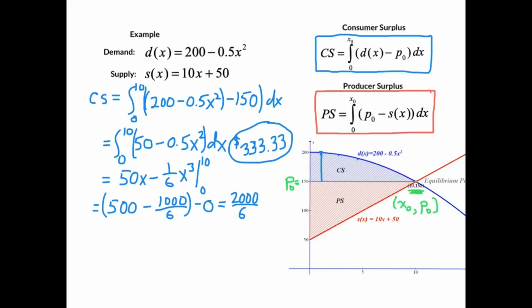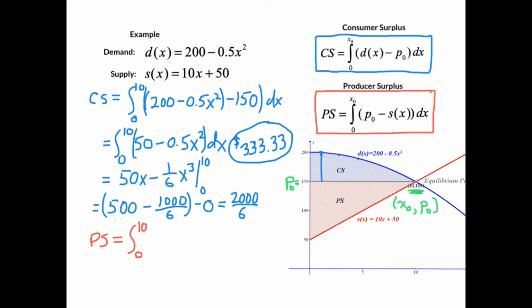That's the lower of the two, and this is the overall benefit to the producers. So our integral is going to go from 0 to 10. Again, it's always 0 to the market equilibrium.